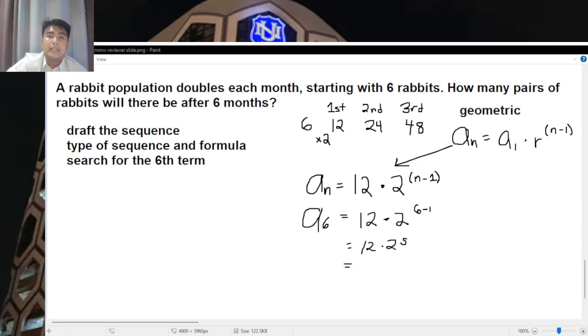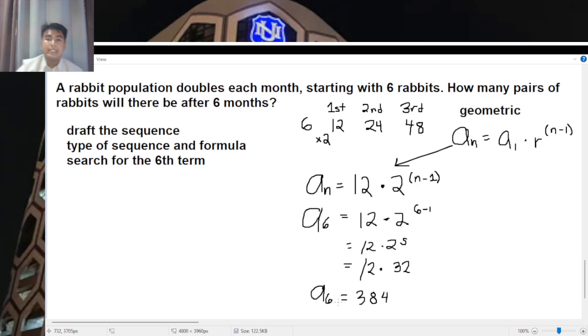If you are familiar, 2 raised to 5 is equal to 32, because it's 5 pieces of 2 multiplied. So 12 times 32, just use your calculator, is equal to 384. The sixth term here is 384.